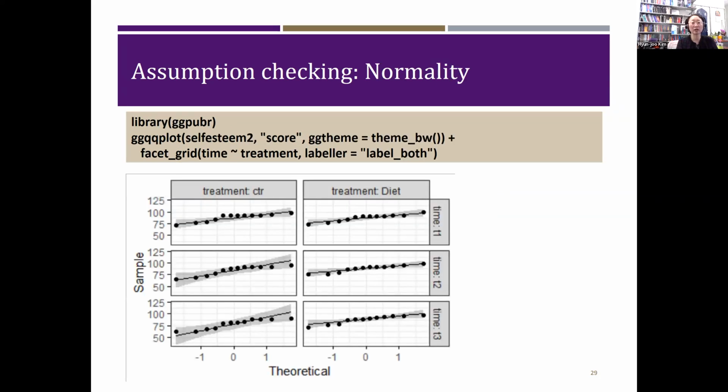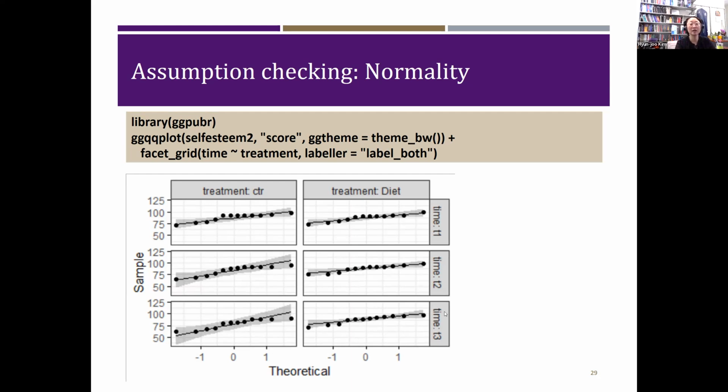Normality assumption checking. To check the normality assumption, we ran the ggqqplot function using the ggpubr package. Notice that we asked to generate multiple normal QQ plots for every time and treatment combination by using the facet_grid option.